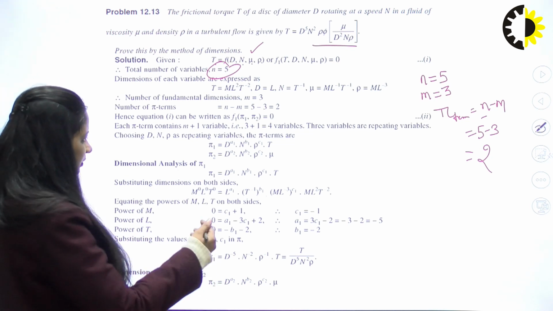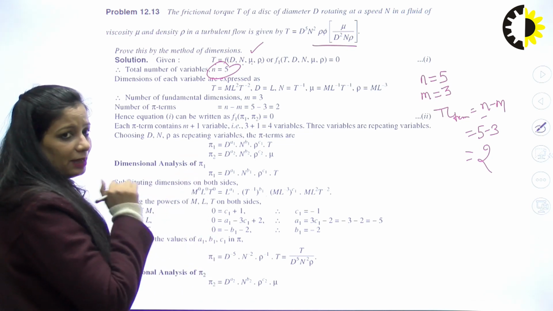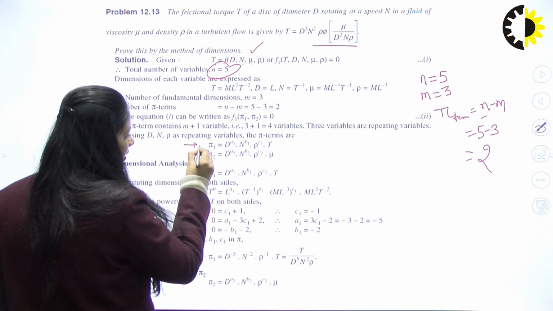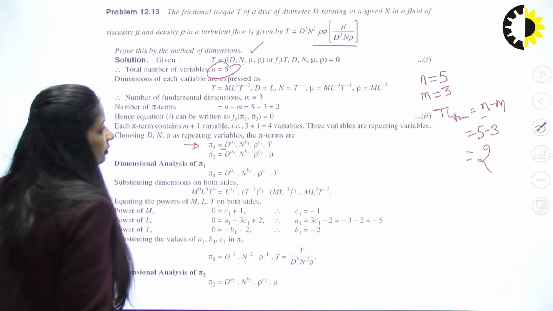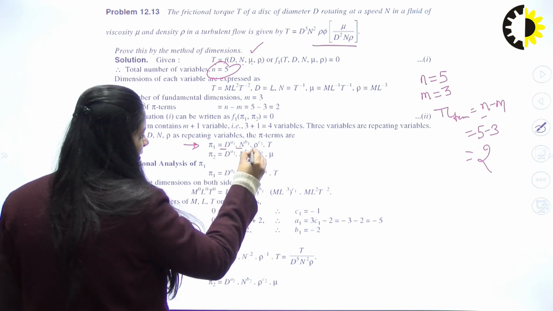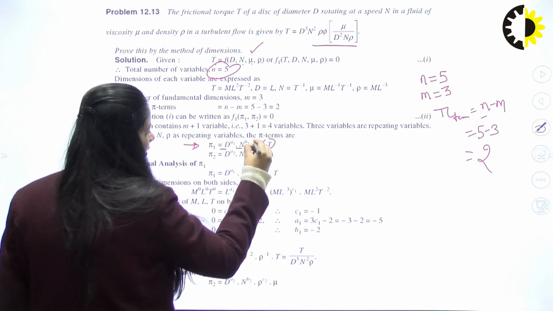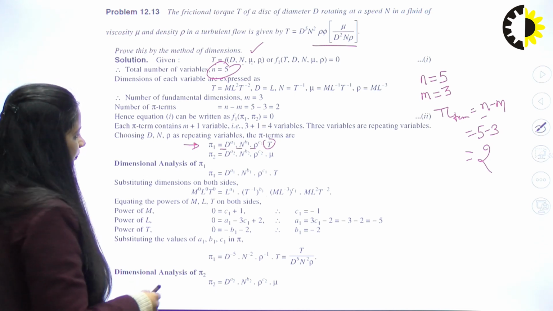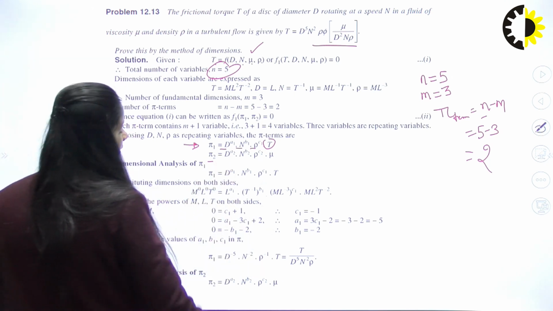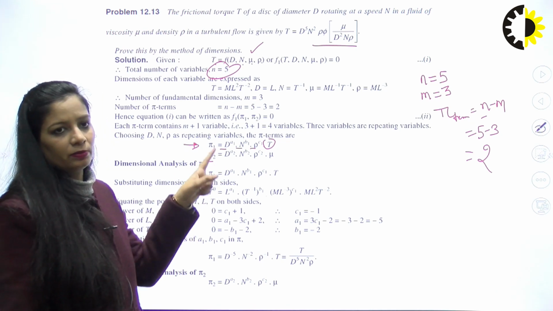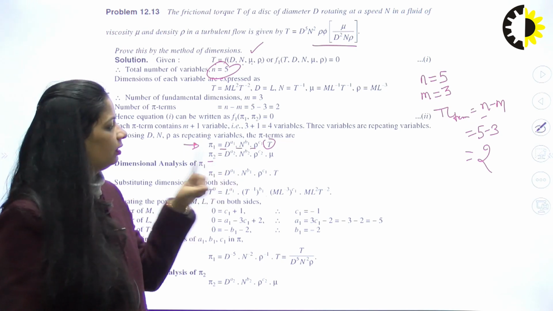Here in this particular example the same manner has been followed. Pi 1, you can see the first repeating variable is your diameter, the second repeating variable is your n, and third is your rho, and associated with term torque, or you can see T. The second, pi 2, is d to the power a2, n to the power b2, rho to the power c2 and mu.